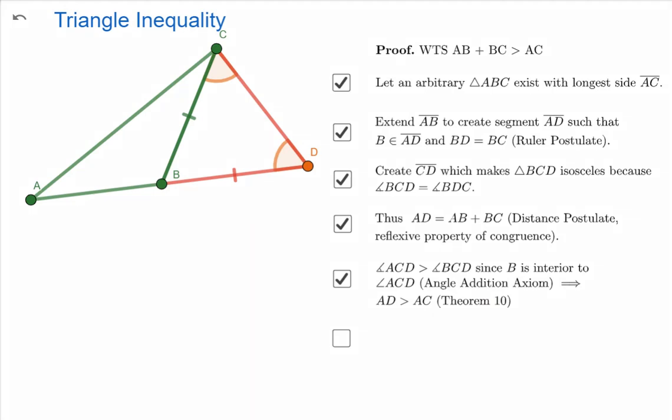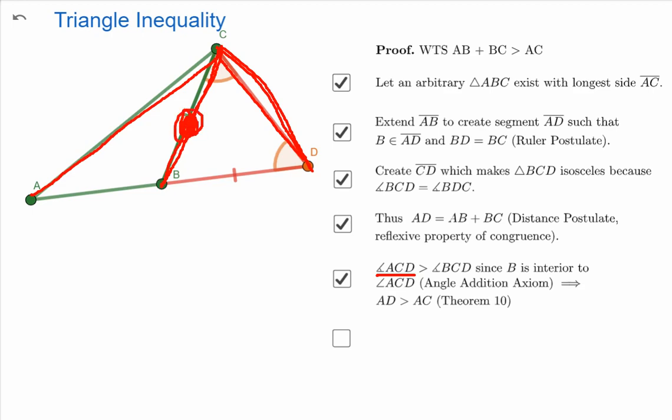So what am I going to do? Well, look. We're looking at the angle ACD, which is this angle. And we know that that angle is bigger than BCD. Why? Because they both share the ray CD, and B is interior.